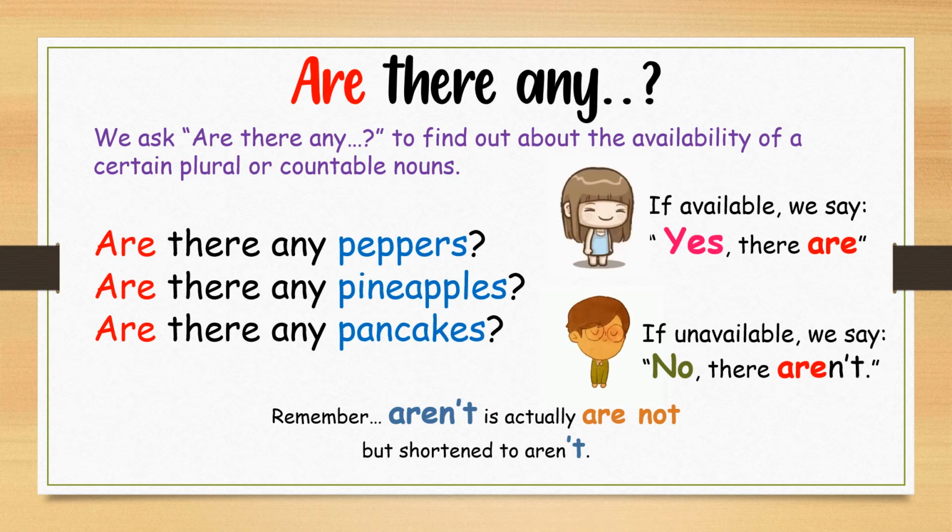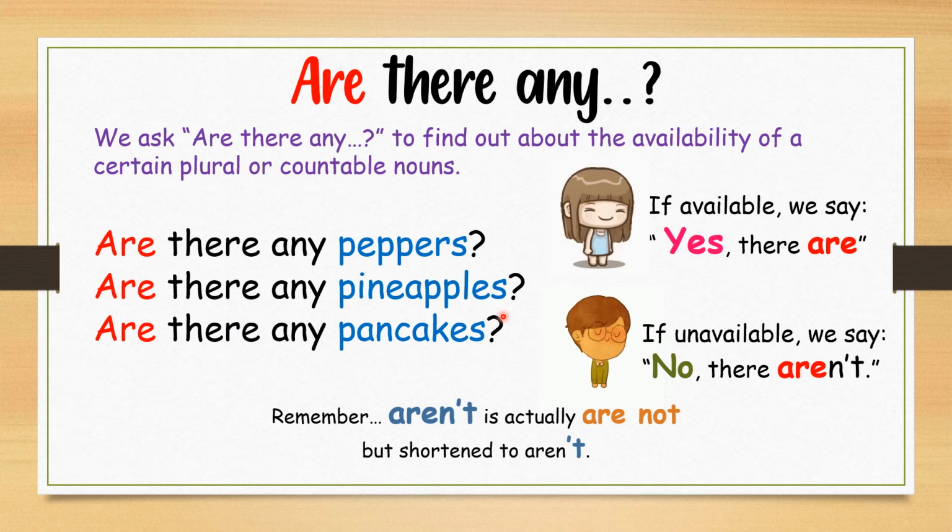Okay, examples of questions using are there any are as such. Are there any peppers? Now, notice the word peppers ends with the letter S. Peppers is a countable noun, and if it ends with the letter S, it is more than one. Okay? Next, are there any pineapples?